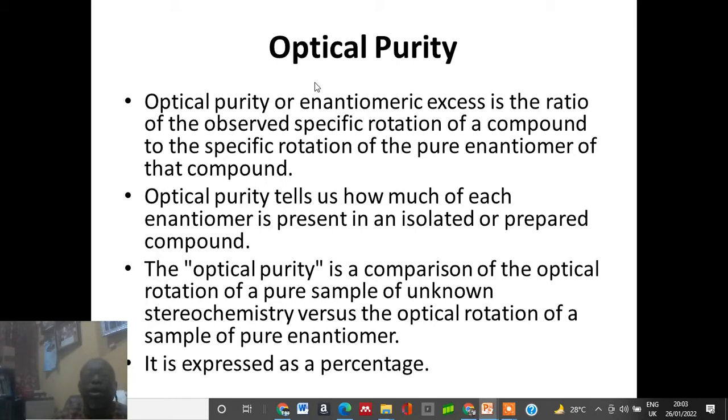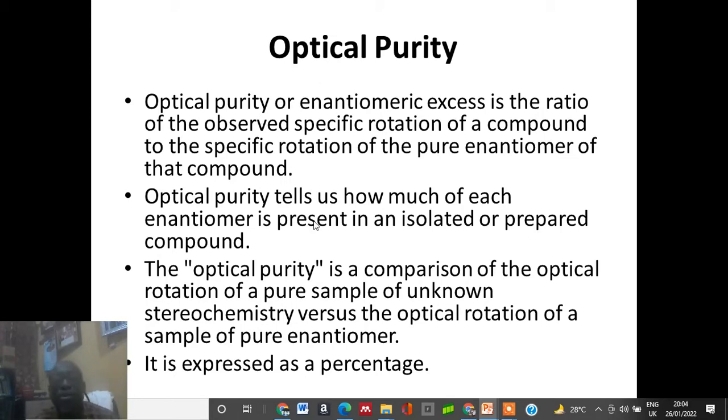When a mixture of enantiomers is unequal, it is not a racemic mixture. There will be a specific rotation for that mixture, which will be different from the pure enantiomer. So the ratio of the mixture to the pure is what we refer to as optical purity.